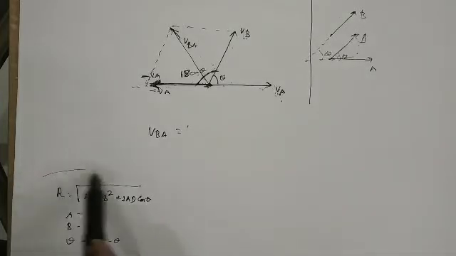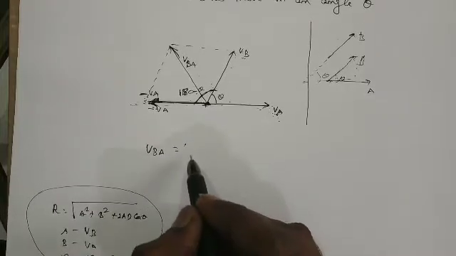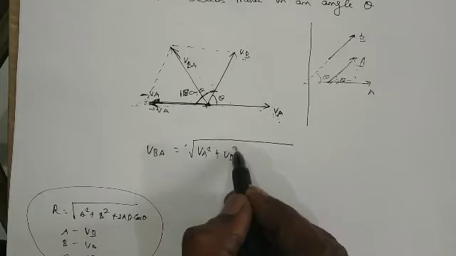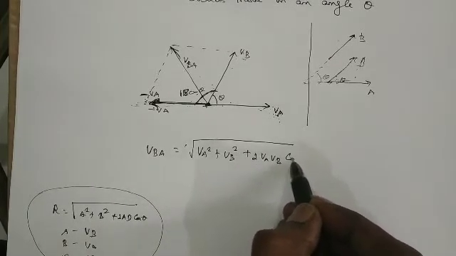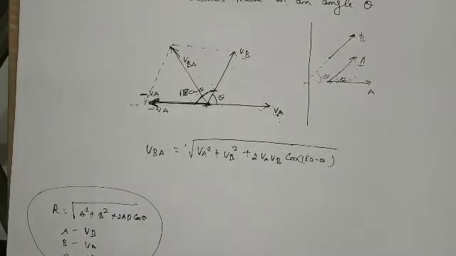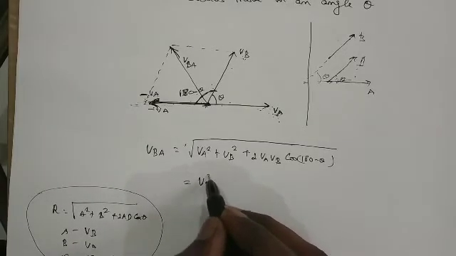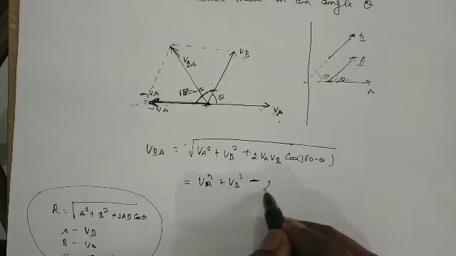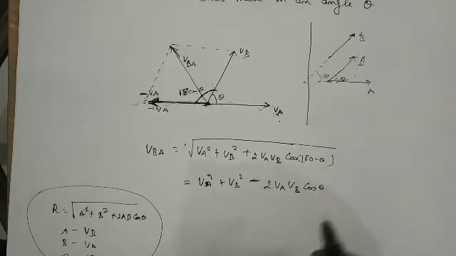So this is a basic thing to help us write the formula here, which is equal to the square root of VA squared plus VB squared plus 2 VA VB cos(180 minus theta), which is equal to the square root of VA squared plus VB squared minus 2 VA VB cos theta.